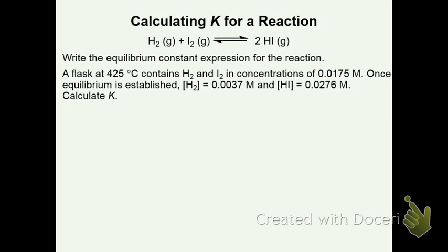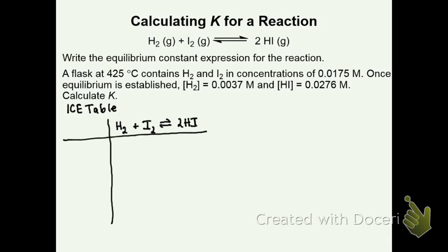And for many equilibrium calculations, we use what's called an ICE table. In an ICE table, we write our chemical reaction, and we write concentrations at 3 different points in time.